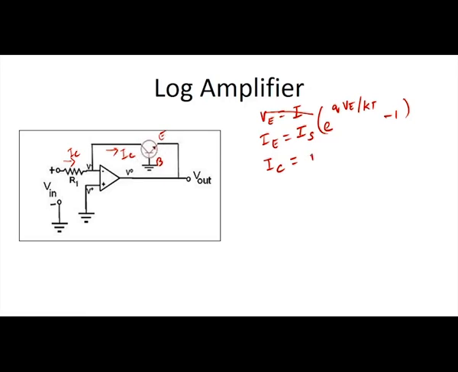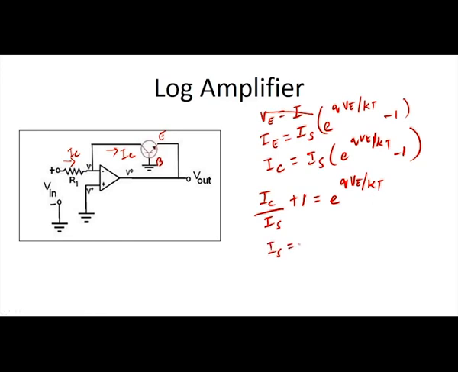So, IC is equal to IS into e power QVE by KT minus 1, and this is simplified as IC by IS plus 1 is equal to e power QVE by KT, and this IS is approximately equal to 10 power minus 13 amps.